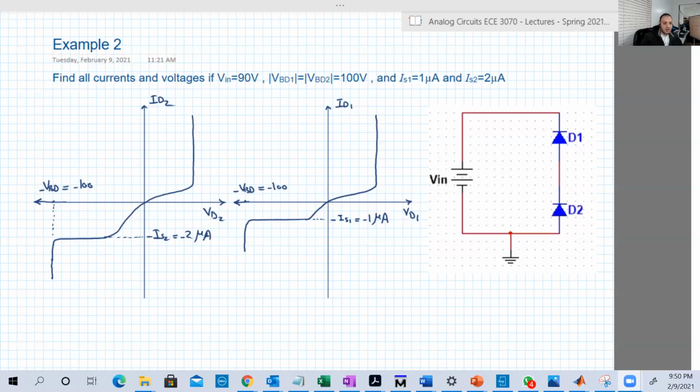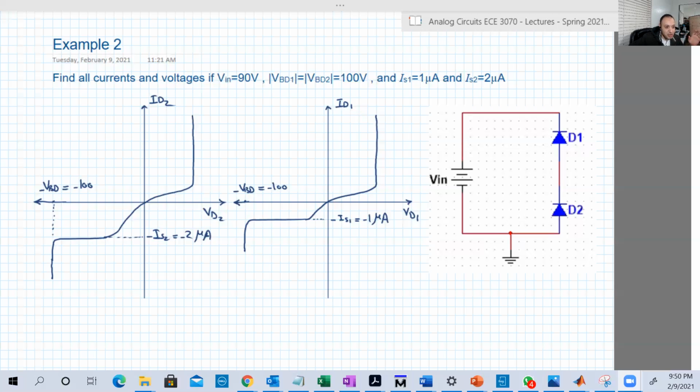Here we have another example. Now we have two diodes in our circuit. Of course, that will make the circuit analysis more complicated. And remember, it was already complicated because of the nonlinear relations. Now imagine if you have two.